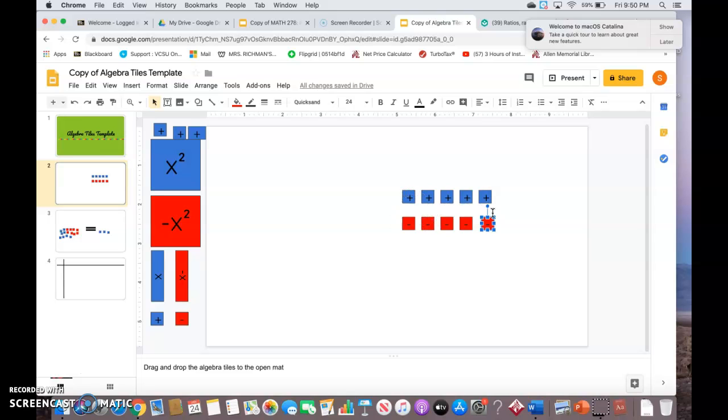This creates 5 zero pairs. And since each of these pairs equals 0, the answer to 5 plus negative 5 is 0.